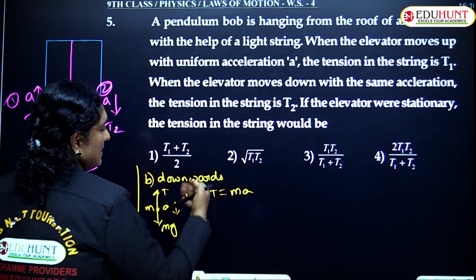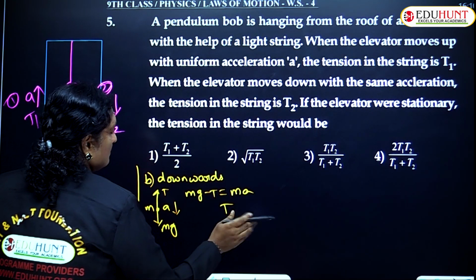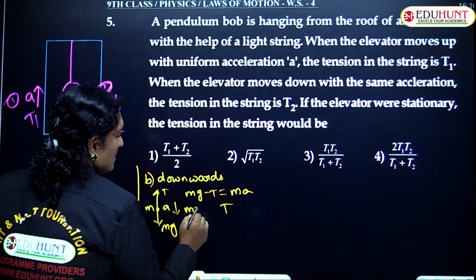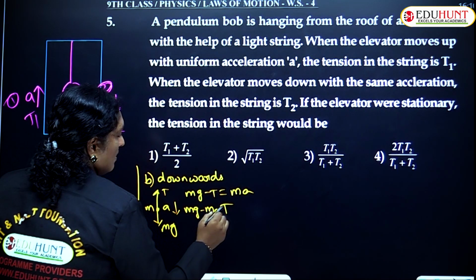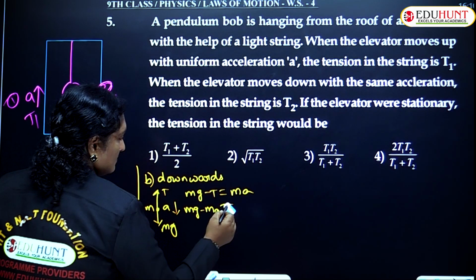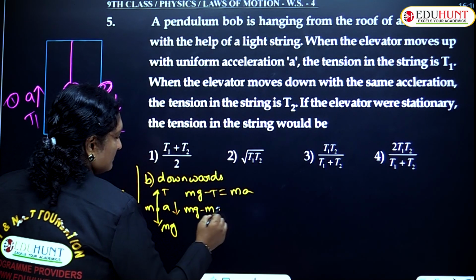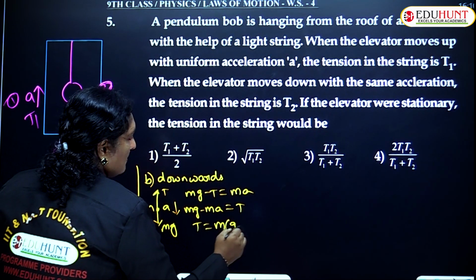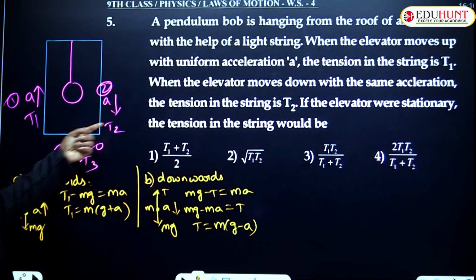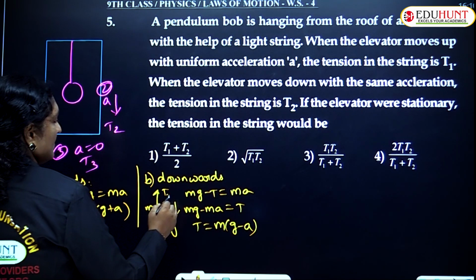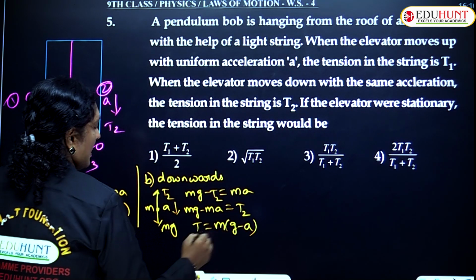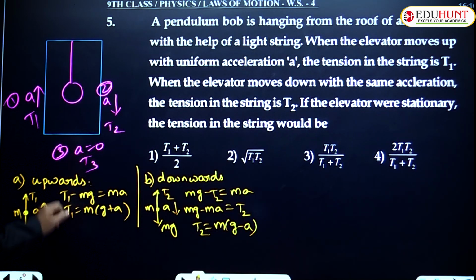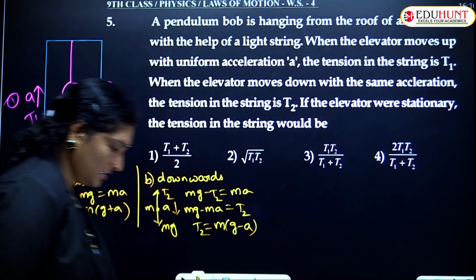Bring the T to the other side, ma to this side. So T can be written as mg minus ma, or T equals m times g minus a. In case 2, when it is moving downwards, the tension was given as T2. Earlier it was T1 and now it is T2.